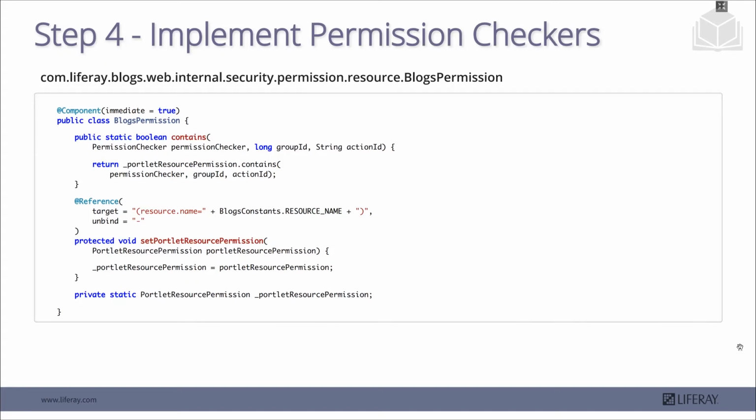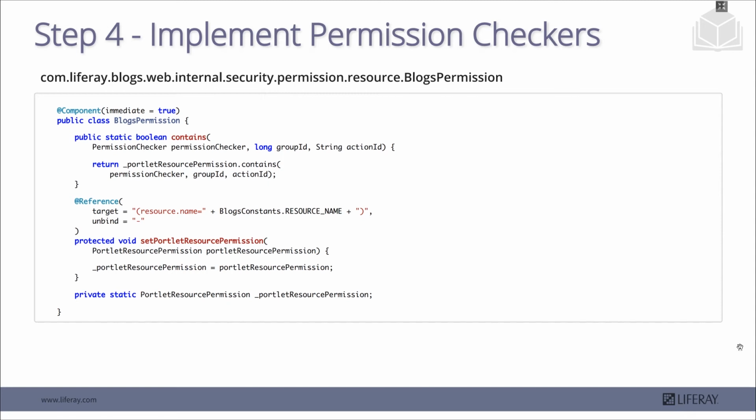We're going to be using this method contains to make sure that they have a specific action ID. So the idea here is a user given a role has a permission.